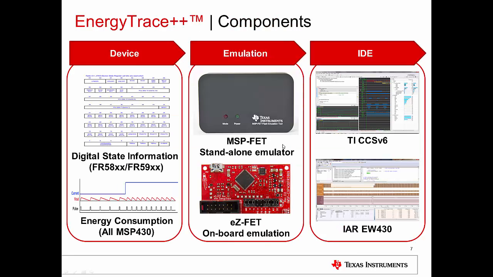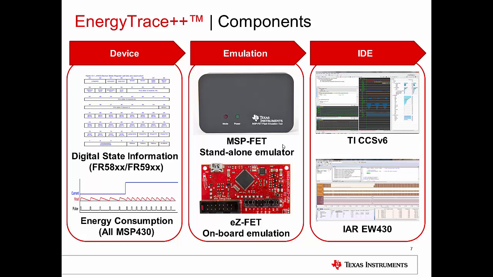So there are three components to enabling EnergyTrace. First, you need the device. For some devices in the MSP430 portfolio, for example, the MSP430 FR58 or the 59 or the 69XX devices, these devices have special logic in there, like I was mentioning in the previous slide, which will provide you digital state information back to the PC. Then there's the energy consumption portion of it, which is supported by all MSP430.